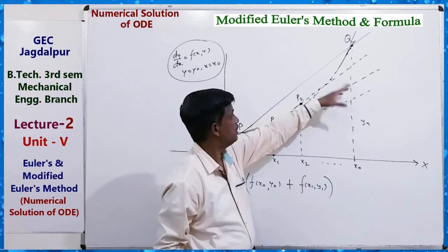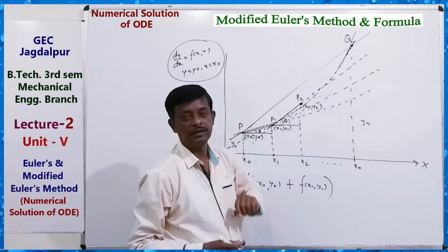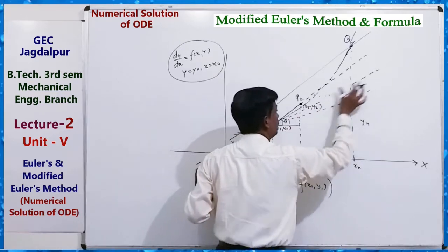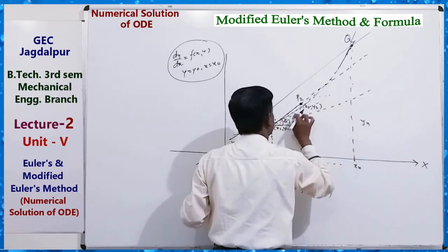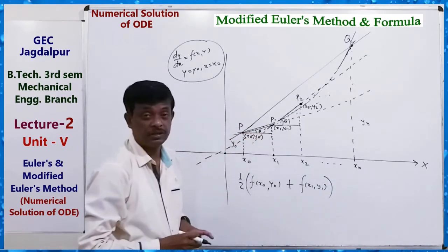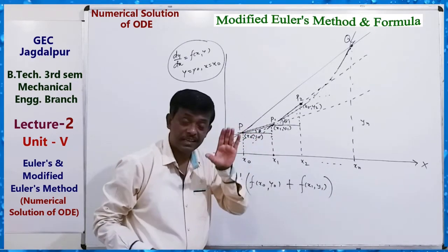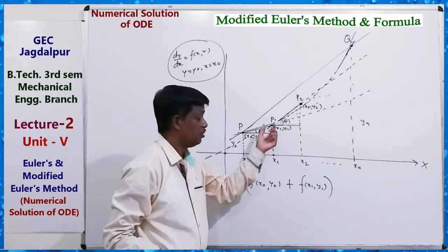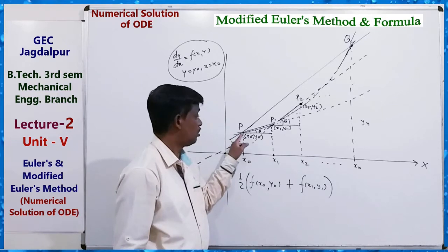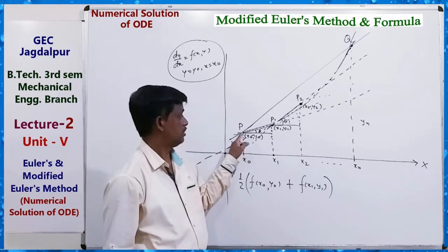This tangent will be here, because by taking the average slope, with that slope we will draw a tangent through here.